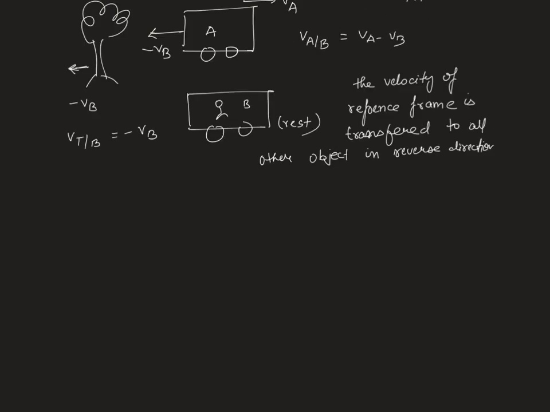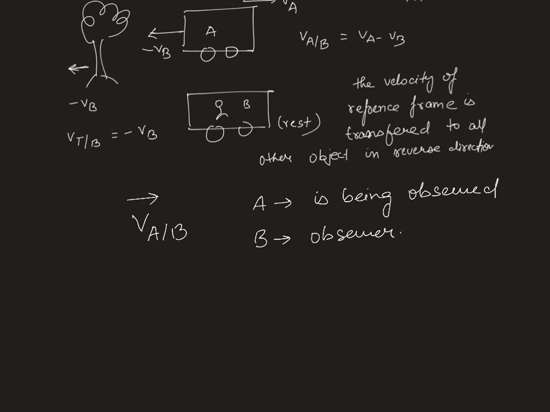I want to clarify this term here. Whenever we say VAB, what do we mean? The first thing that we mean, that A is being observed and B is the observer.